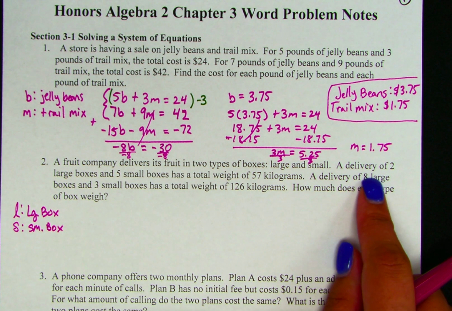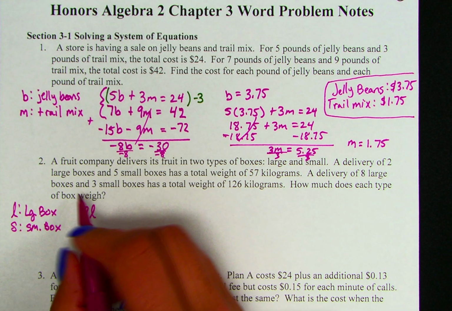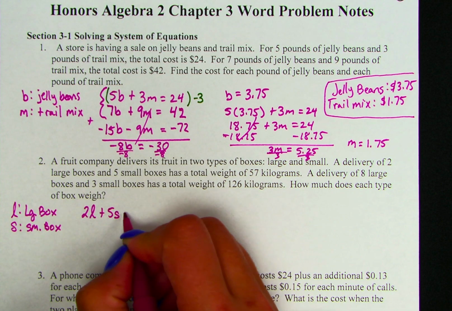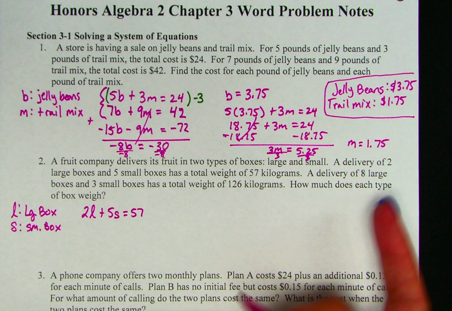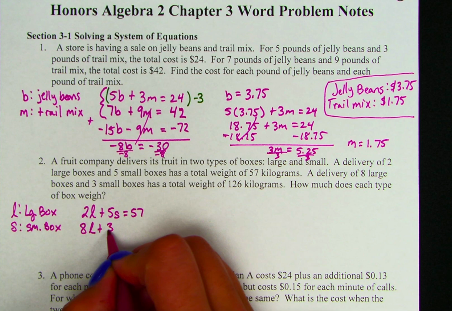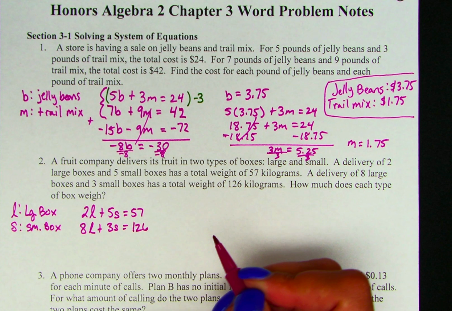So here, if I have 2 large boxes, so 2L and 5 small, that weighs a total of 57 kilograms. And then I'm going to have 8 large and 3 small, which is a weight of 126.